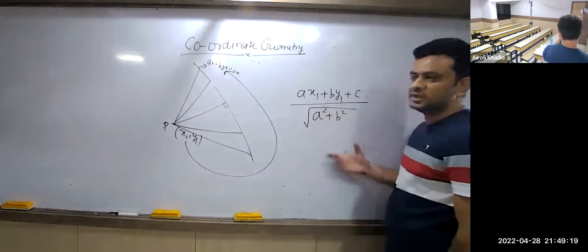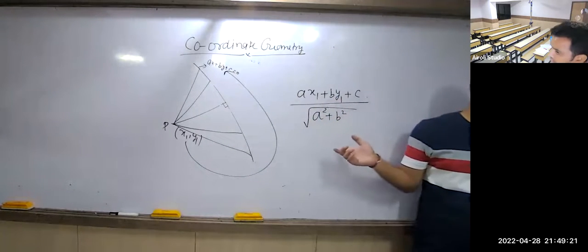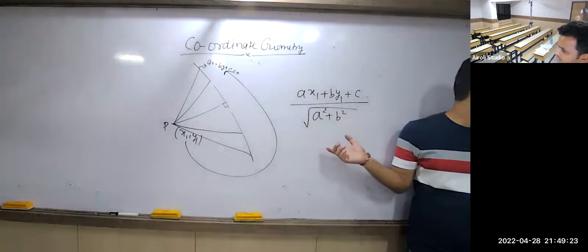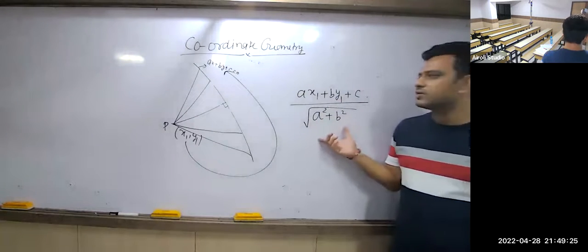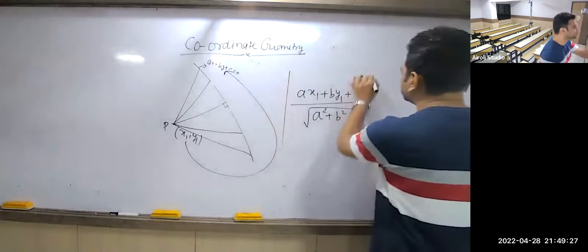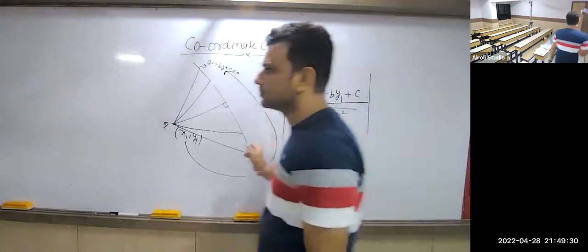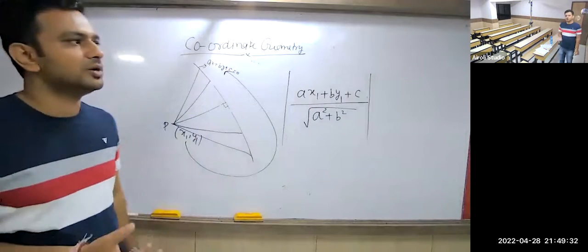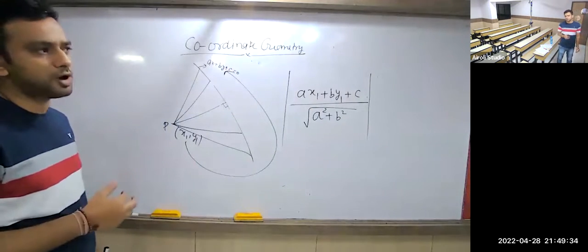So this will be the length between the point and a straight line. This can be negative also, so I will take a mod. I think you know mod. If you put any value in the mod, you will always get a positive output.